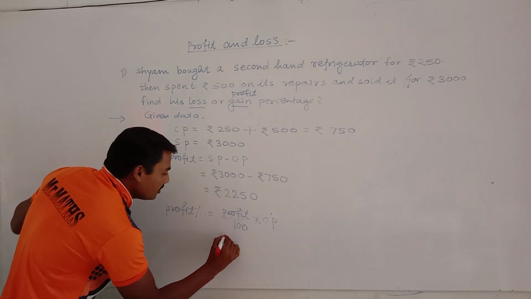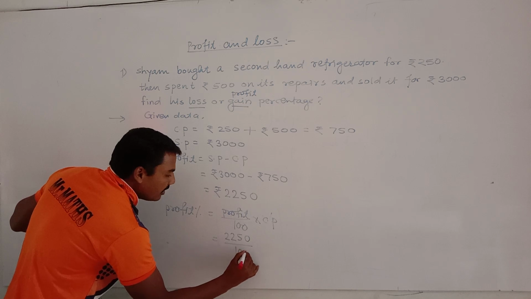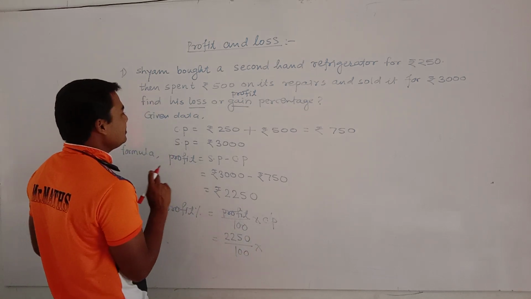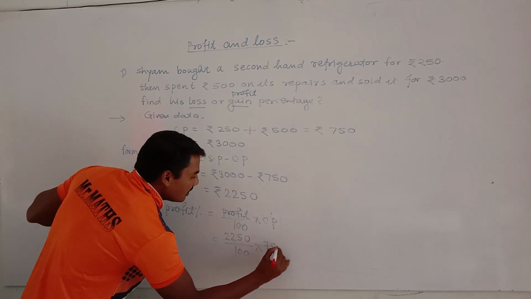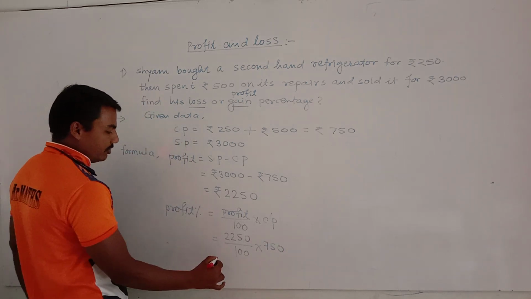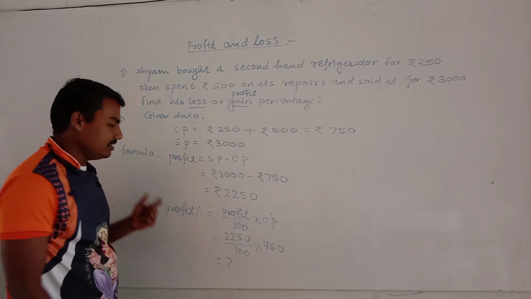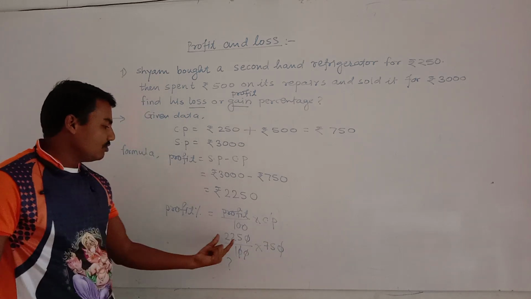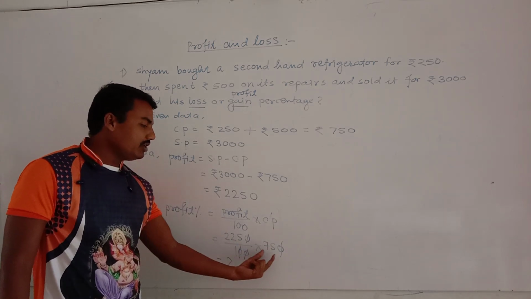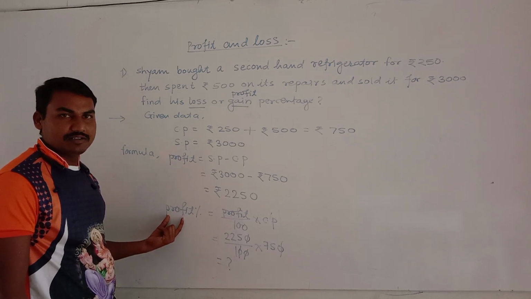So profit I got 2,250 upon cost price, which is rupees 750, into 100. Okay. You have to solve and you got the profit percent. Okay. The 0 will cancel. This 0 will cancel. Only we have to multiply 225 into 75. That is your profit percent.